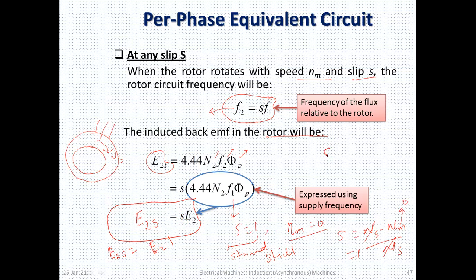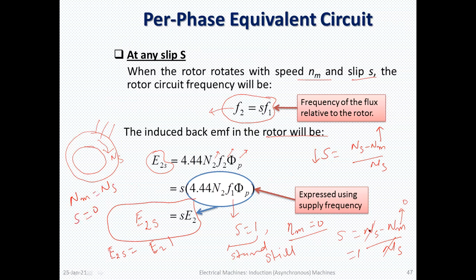So when the rotor starts rotating, the value of (ns minus nm) divided by ns gets reduced as the speed nm increases. When this speed increases, the value of slip decreases, so the value of induced EMF in the rotor also decreases. Suppose the rotor speed becomes equal to synchronous speed, during this time s will be 0.